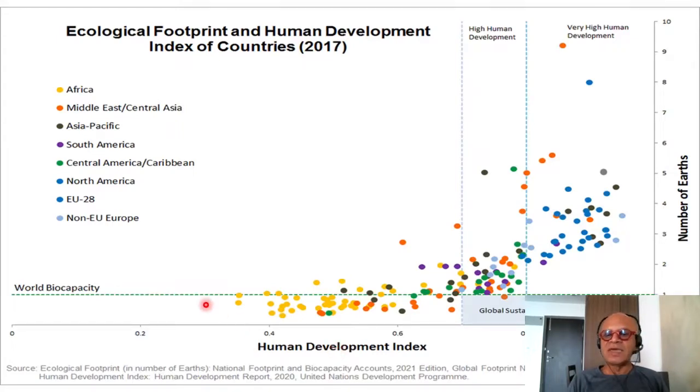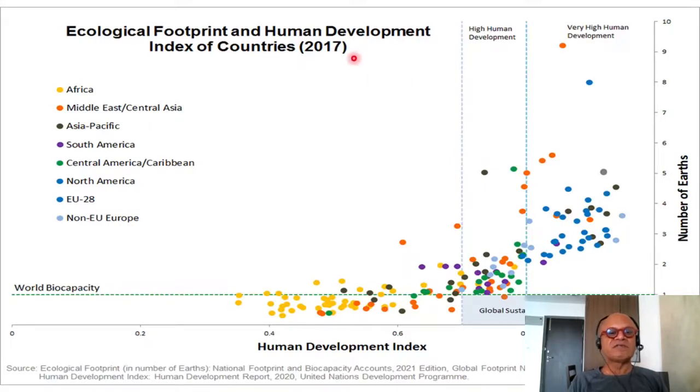And the main message here is that if you want to be sustainable, you want to have a high human development index and a low number of Earths, which means you want to remain on one Earth and not try to colonize Moon and Mars, but manage the population and our consumption levels.